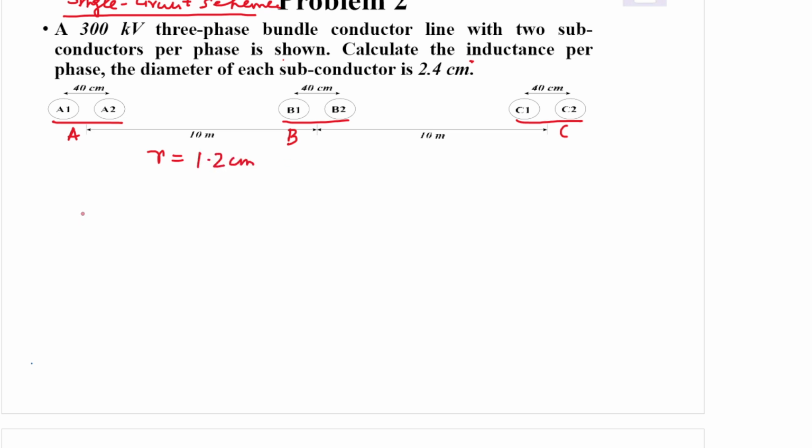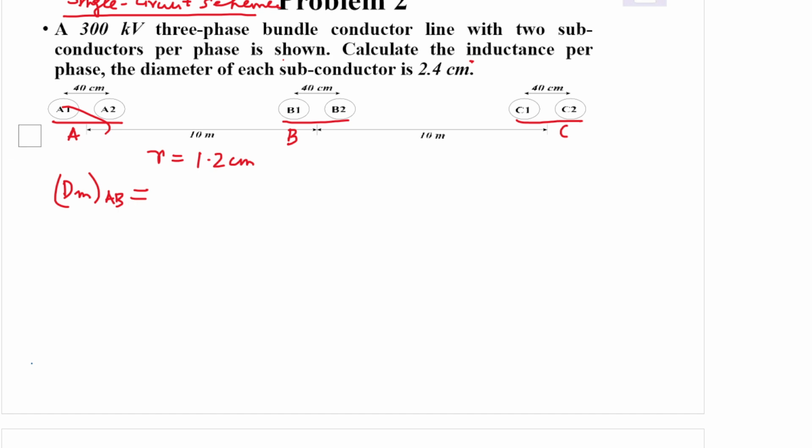Let me evaluate one by one with the same process. We first evaluate DM, then we shall go towards DS. Now what is DM? We have DM AB, the mutual distance between A and B. Let us explore how many possible distances there are.